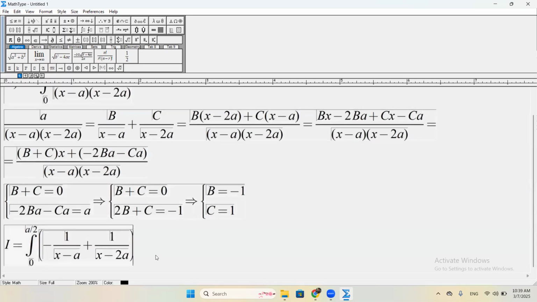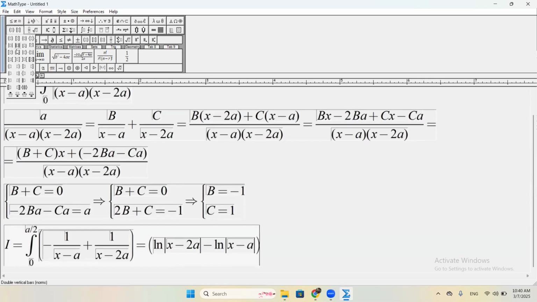And now let's integrate. So a logarithm of the modulus of x minus 2a, we don't know whether a is positive or negative, so we don't know about the sign of this expression. And minus logarithm of x minus a, with the substitutions from 0 to a over 2.